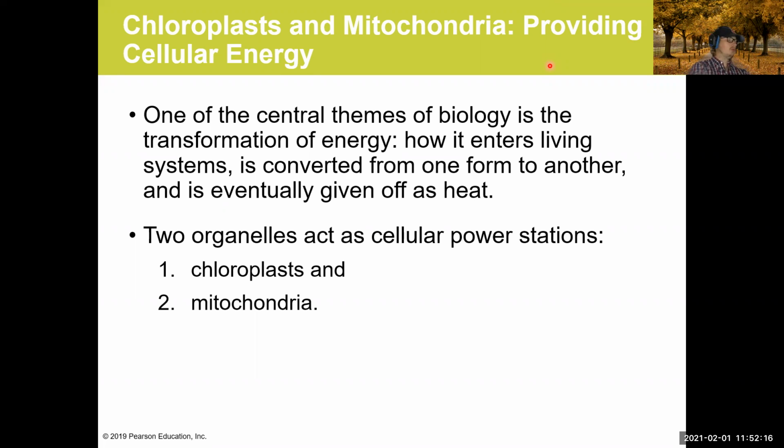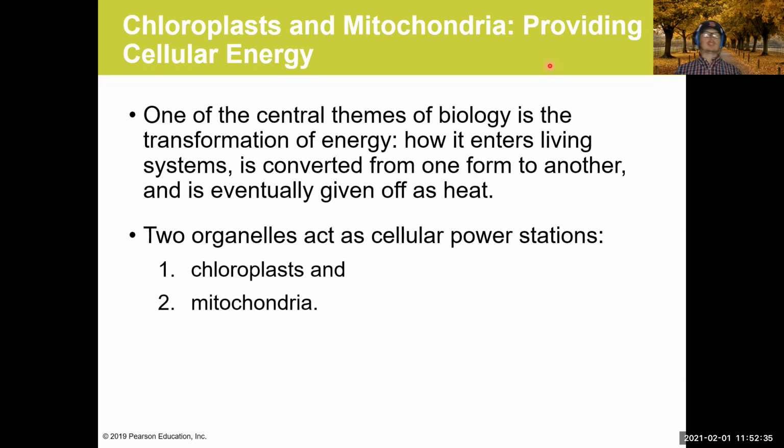So one of the key things that we talked about in our first lecture, chapter 1, is that there is this transformation of energy that occurs throughout all ecosystems and all natural environments, basically. And it enters living systems.